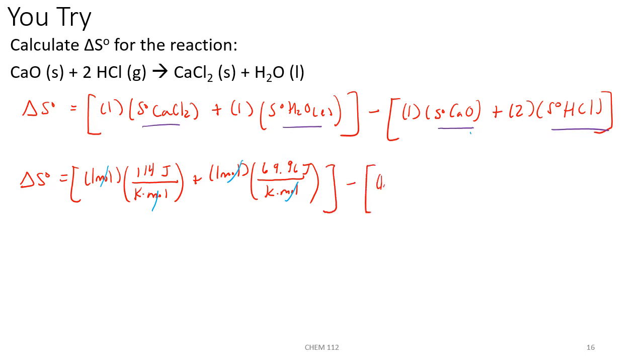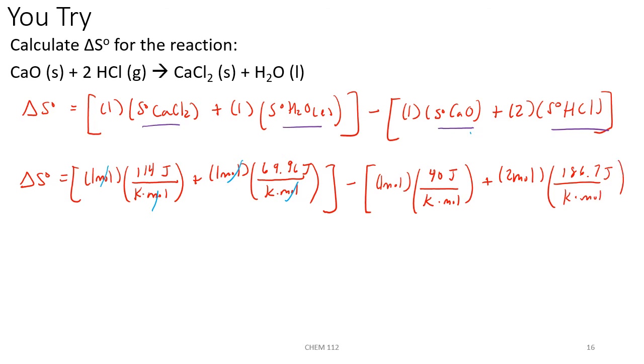Minus 1 mole times the standard molar entropy for the calcium oxide, which from our chart is 40 joules per Kelvin times mole, plus 2 moles times our standard molar entropy for HCl, which is 186.7 joules per Kelvin times mole. So our moles cancel, from the stoichiometry of the balanced equation. And that would represent the sum of our reactants.